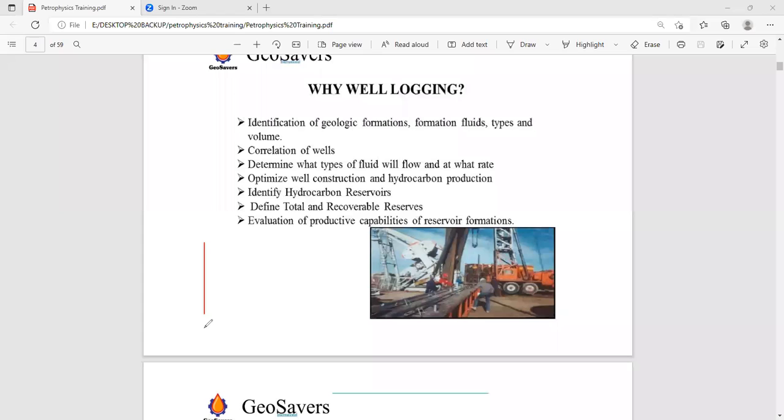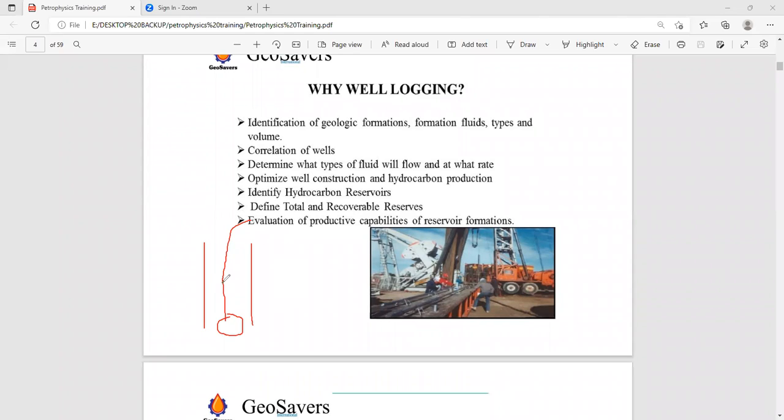All right, so we have our well there. We have a wireline and a sensor that is attached to the wireline. This sensor is to measure the formation property. That's what well logging is all about, to measure the formation property.